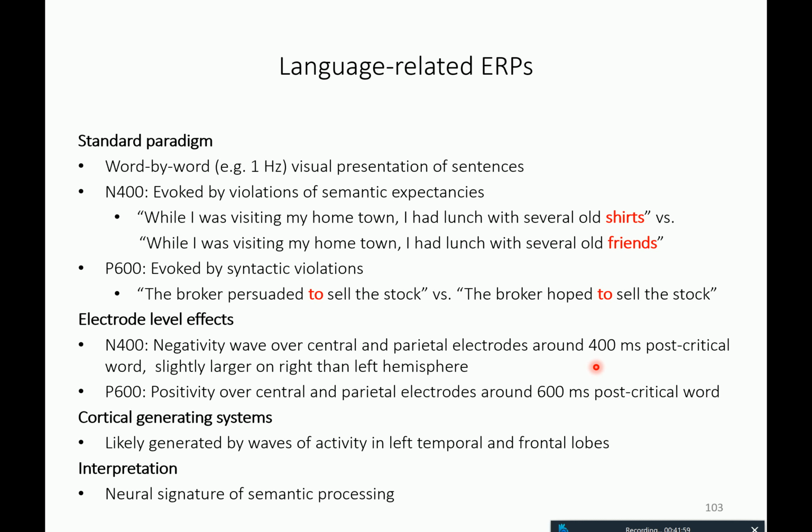And this is actually interesting. This has of course been interpreted by the language community as some neural signature of semantic processing, and the way, with Milena and in our work, we think about it is maybe a little bit more general, in terms of expectation violation.